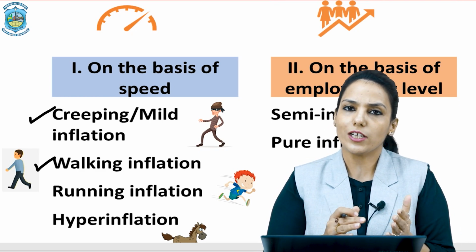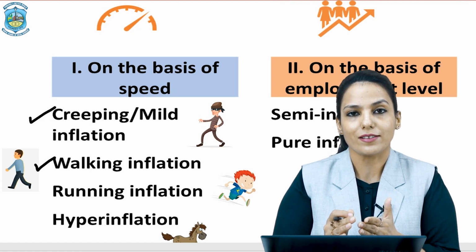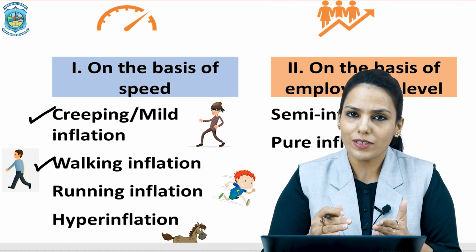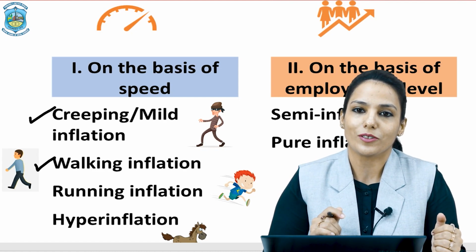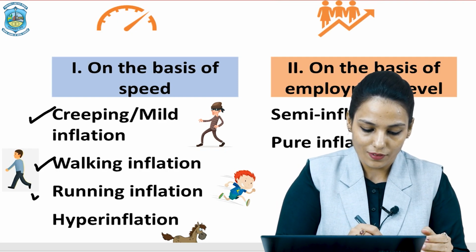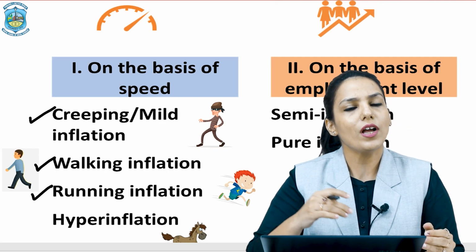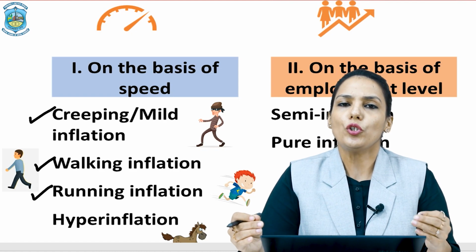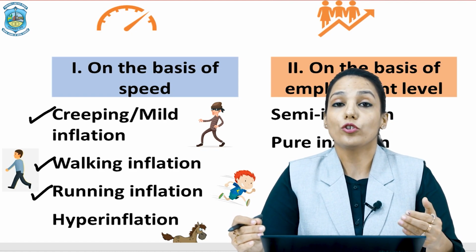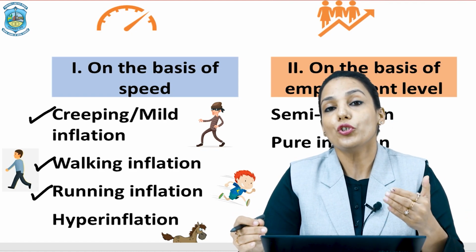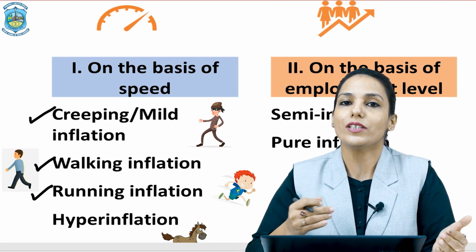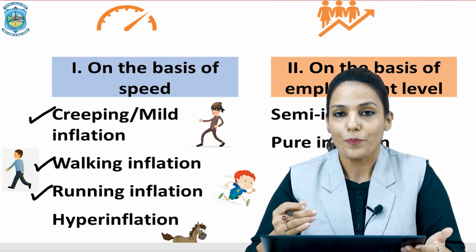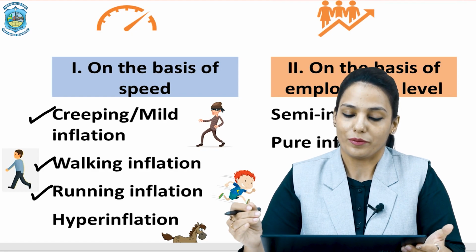The second type is walking inflation. Walking inflation occurs when the rate of inflation is more than 3% but less than 6%. Walking inflation again is not considered a cause of concern, but it does show that there is a continuous increase in the prices and it should be controlled.